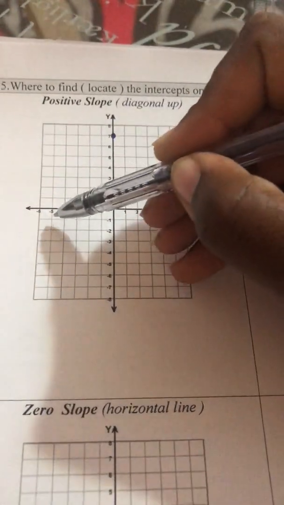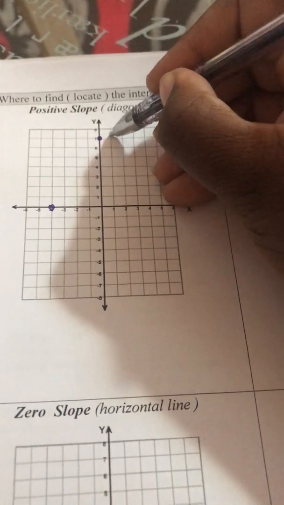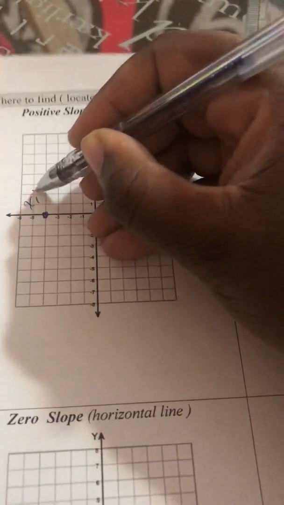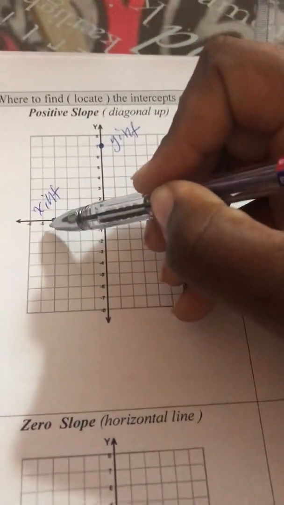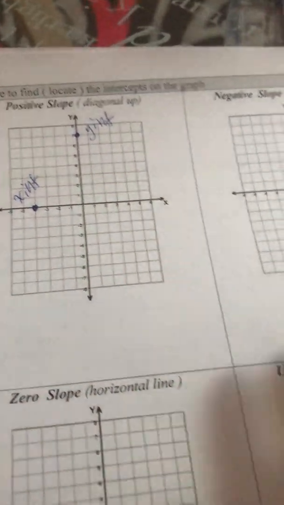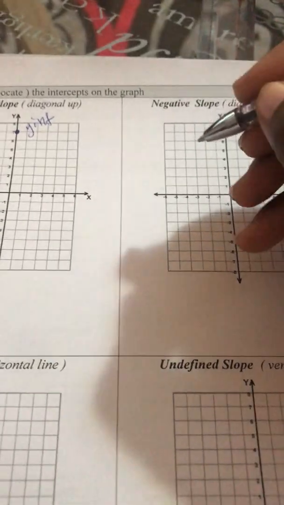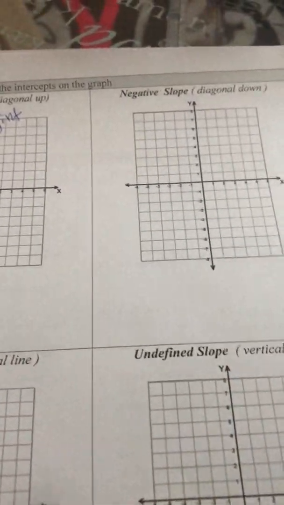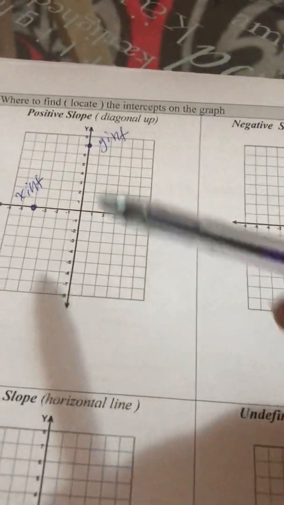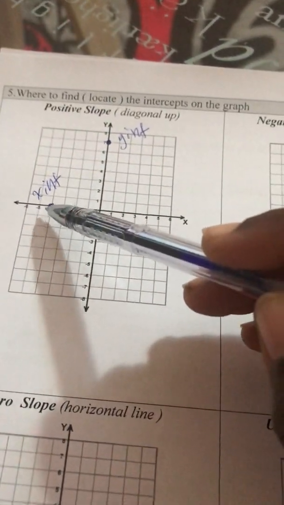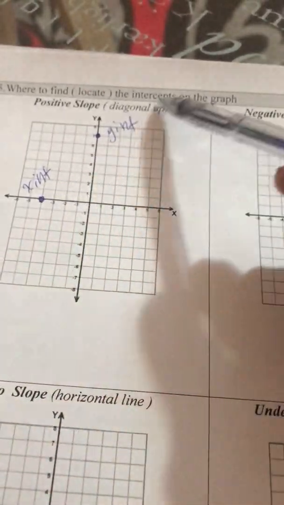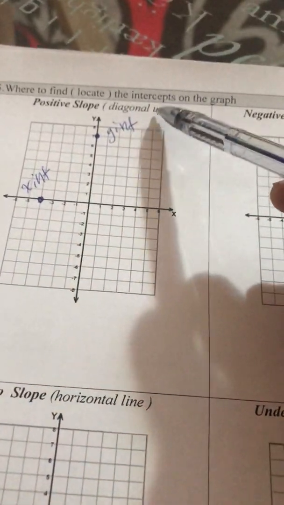Then with your ruler, you join. If you have a negative slope, and remember it can be positive or negative, I'm just showing you where to find the x-intercept and the y-intercept in a diagonal up.